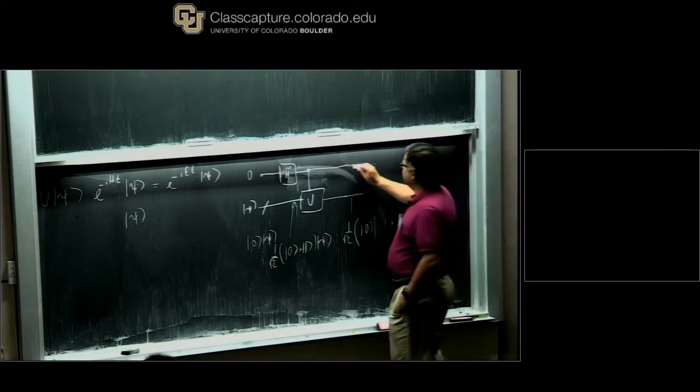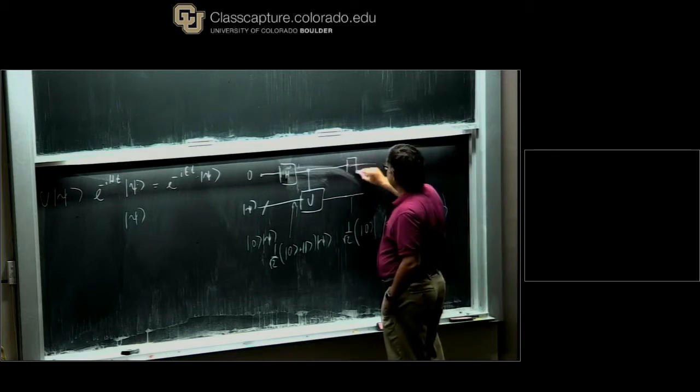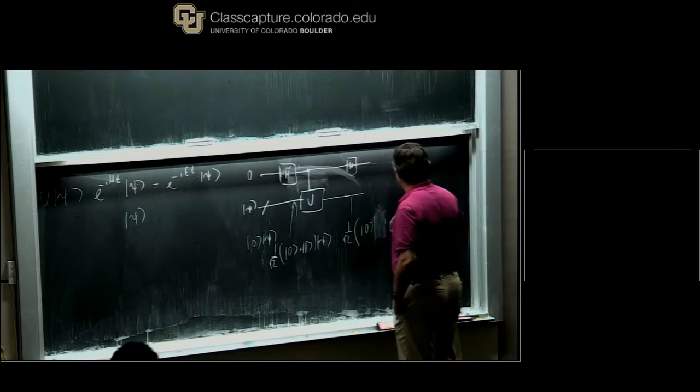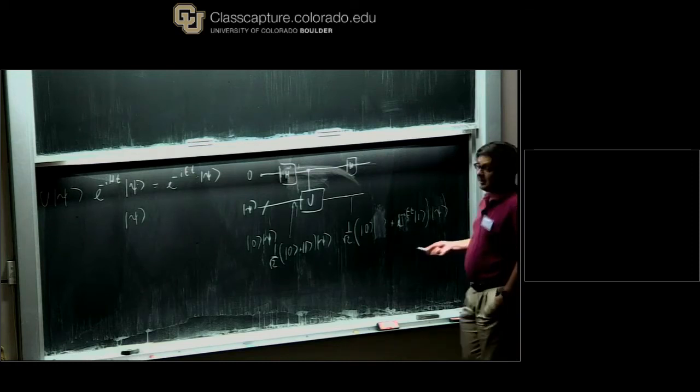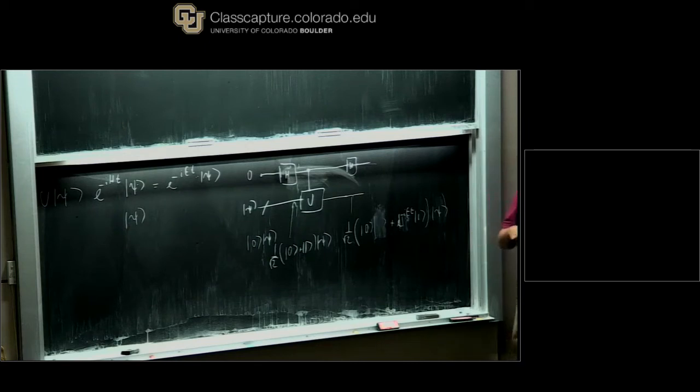What we do in practice then is we apply another H, for example, to it, and then we measure. If the phase was a multiple of 2 pi, we measure 0. When it's an odd multiple of pi, we measure 1, and when it's in between, we measure something in between.